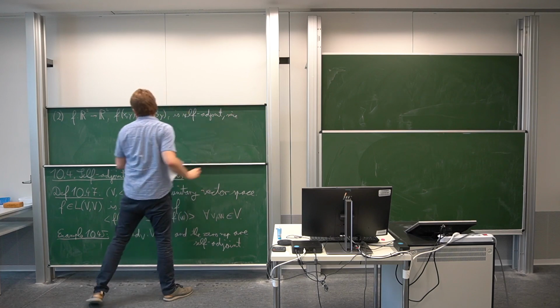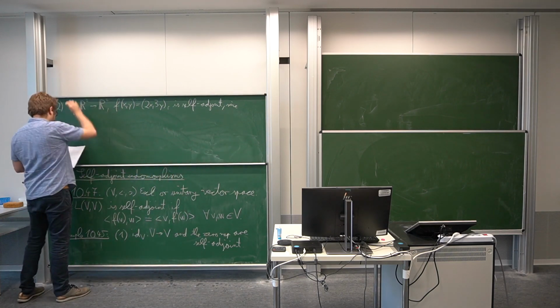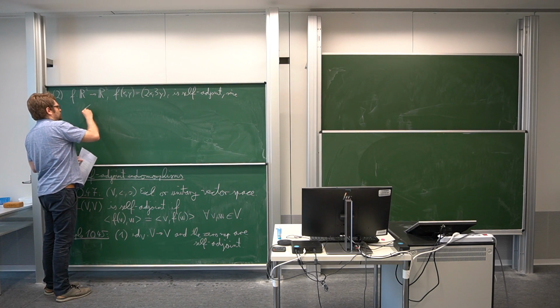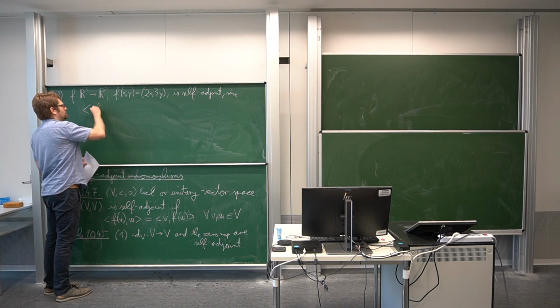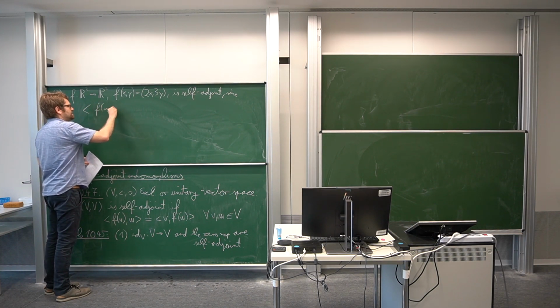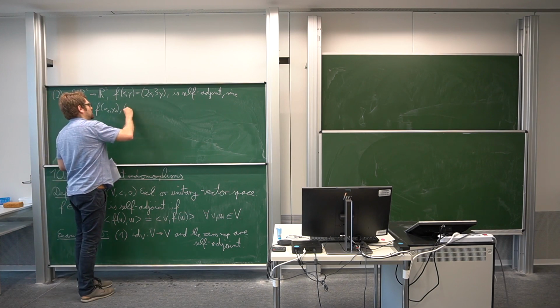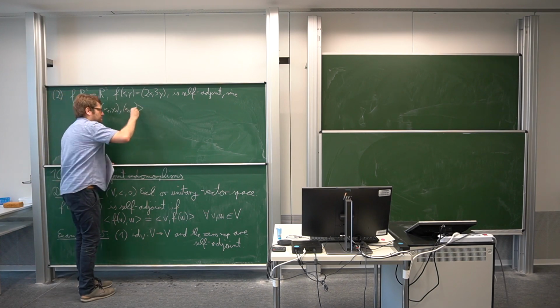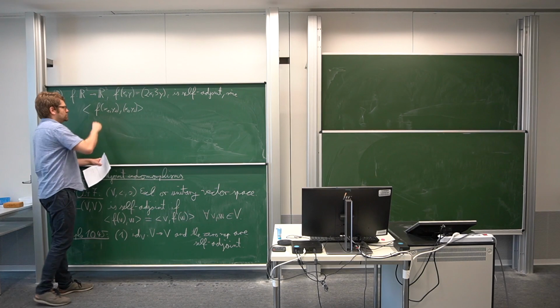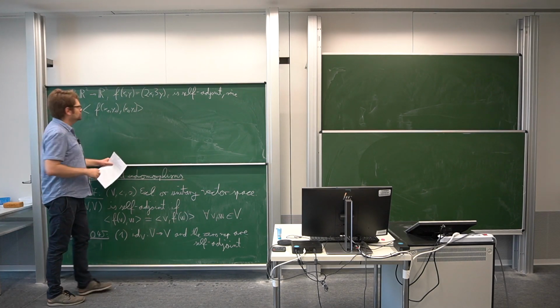Since, let's assume we take two elements of R2 and call them x1, y1 and x2, y2. So let's check, and now we have to check whether I can move f to the other side. So let's just compute what's here.